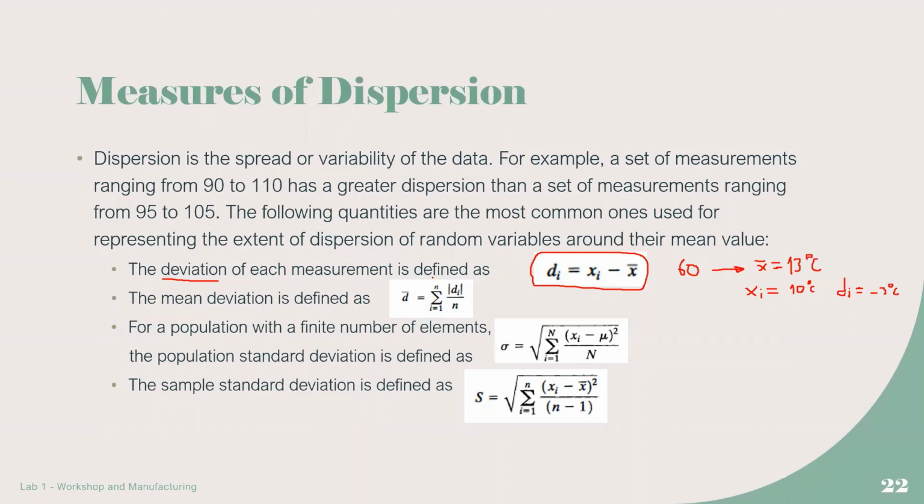This is deviation. Then we have the mean deviation, which is basically the mean of your deviations. It's the average of the deviations, but please note, we have this absolute value bracket here, so the result should be positive.